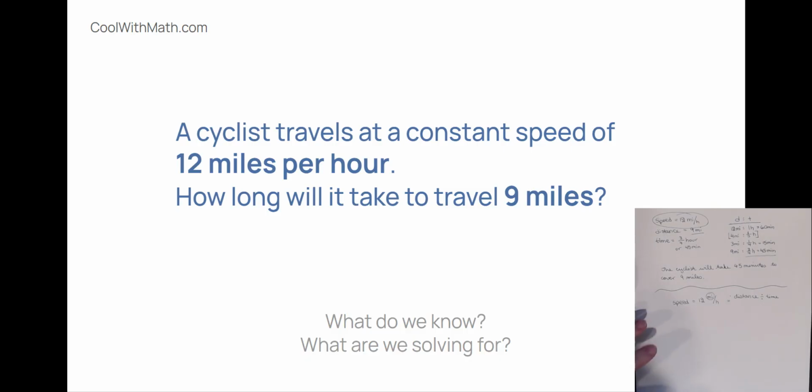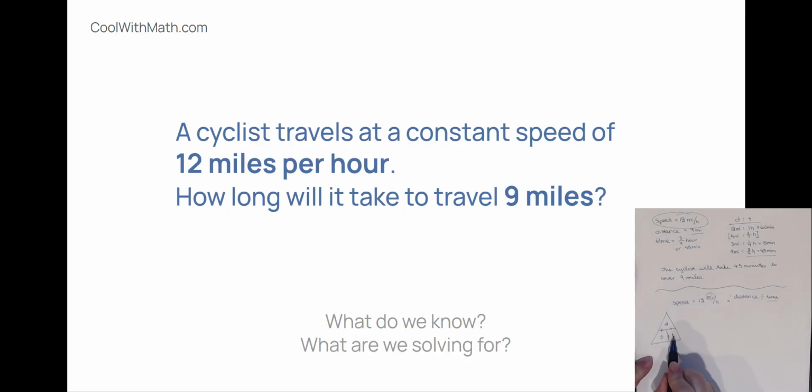Now, in this case, we are solving for time. So we are going to set up a quick triangle. And the way this gets filled in is distance goes on the top and speed and time go on the bottom. The reason for that is you can imagine the triangle as 2 division problems and 1 multiplication.